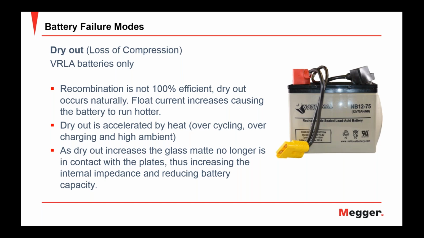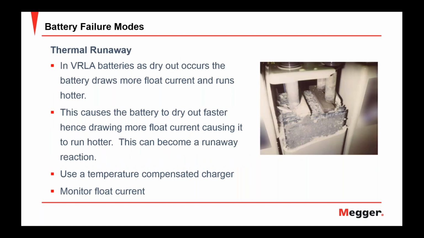As it draws more float current, it's going to run hotter, which will make it dry out faster, which will cause it to draw more float current and run hotter and dry out faster. You can see how this can become a cycle. And in fact, at some point, it becomes a self-sustaining reaction that can lead to a thermal runaway.